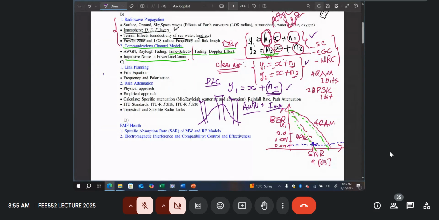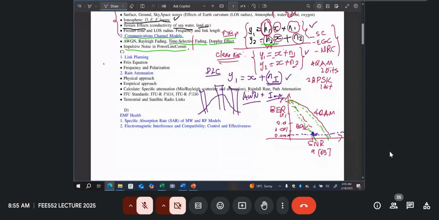For communication channels, I think I have some dry notes you can use when you are discussing those, but you should always sketch. When you come to link planning, we have the Friis equation that relates the transmission from the transmitter and the radiation intensity at the receiver.